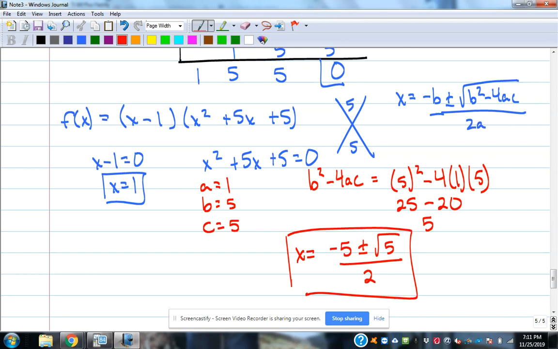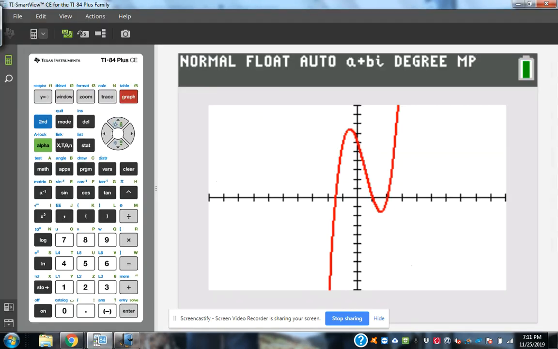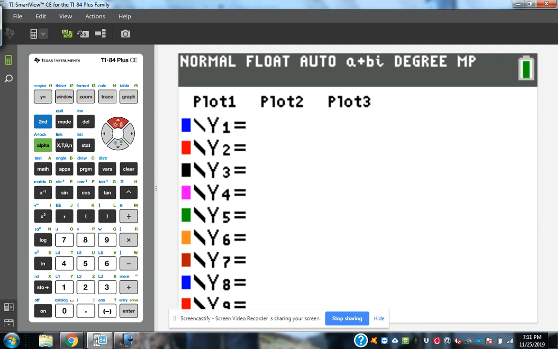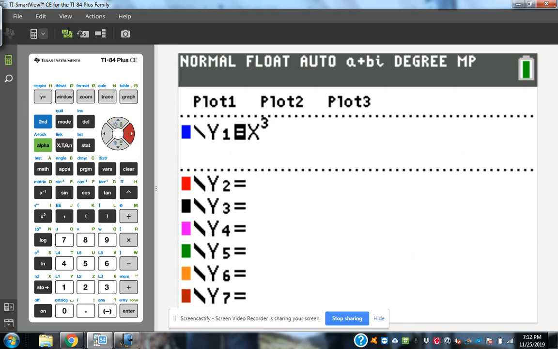Let's look at the graph of that polynomial to kind of relate this back together. Because we have 3 real solutions to this, that means this thing should touch or cross the x-axis 3 times. Okay? So I'm going to graph it. Go back to the original polynomial and graph it. So x cubed plus 4x squared minus 5.